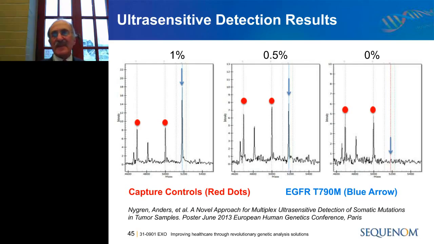So this method has a sensitivity that's close to 1 part per thousand. And think of it, if you have 1,000 molecules and only one of them is a tumor specific sequence, you couldn't use a method with a sensitivity any higher even if you had it, because there wouldn't be a molecule to detect.